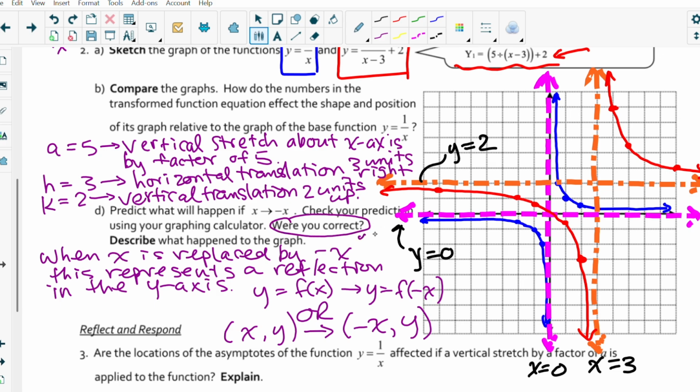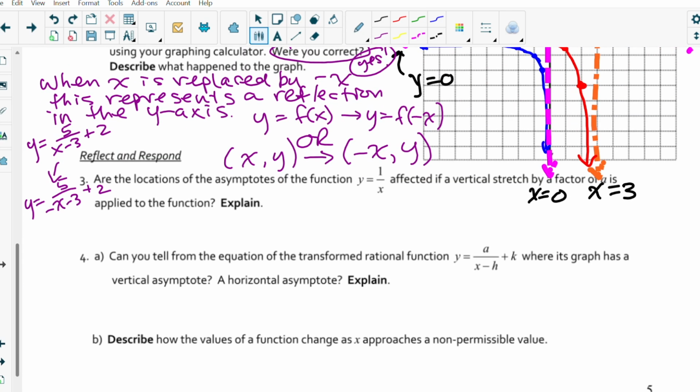I will show you in Desmos. The answer to this is yes. It is a reflection, so I am correct. But I'll show you with Desmos. Okay, so what does this look like? So y equals 5 over x minus 3 plus 2. That becomes y equals 5 over negative x minus 3 plus 2.